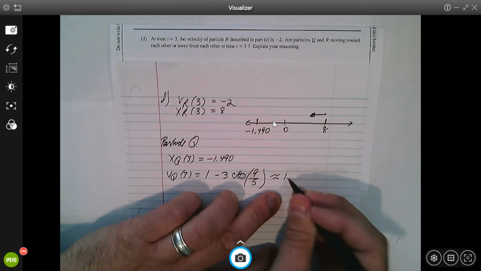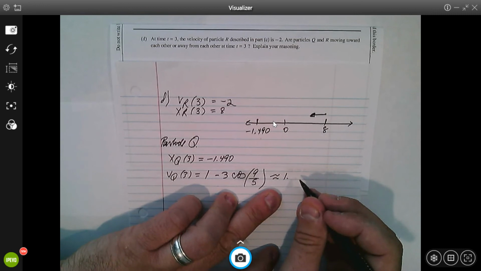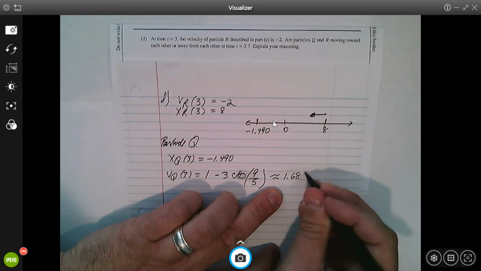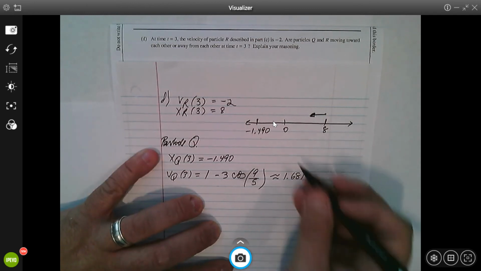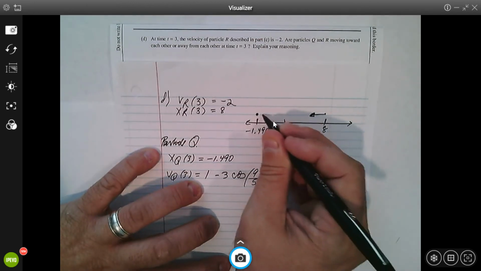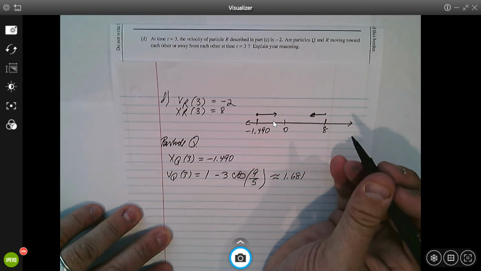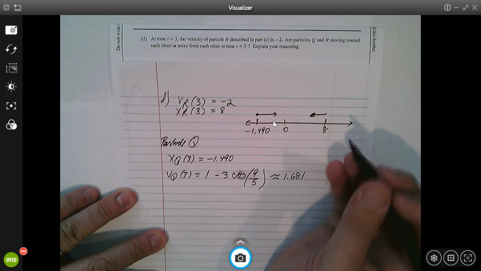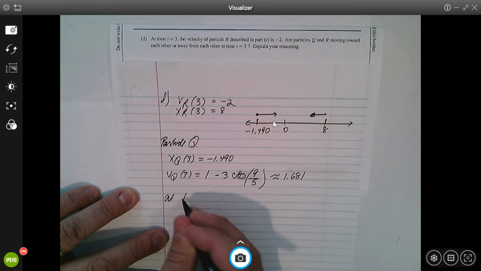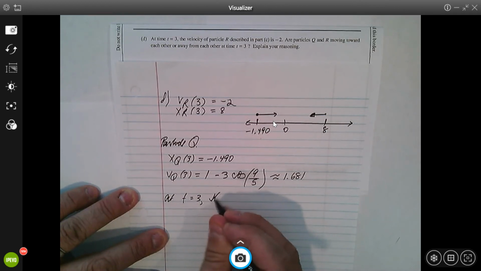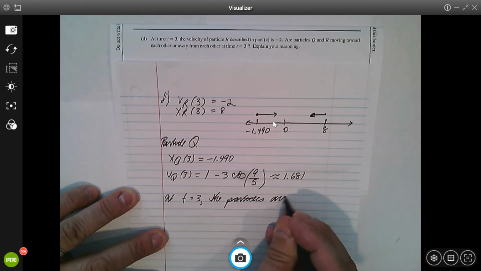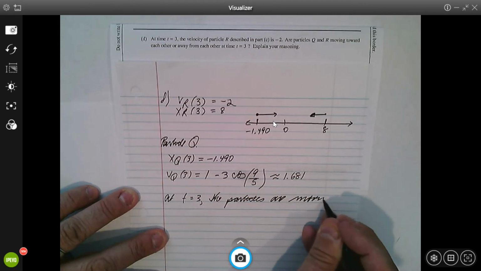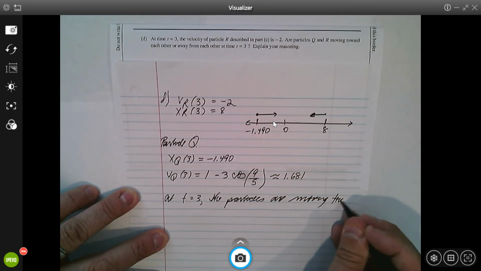What you're going to get is that this has a velocity of 1.681, meaning a positive velocity, meaning that your particle is moving to the right. So what do we know? We know now that at time t equals 3, the particles are moving toward each other.